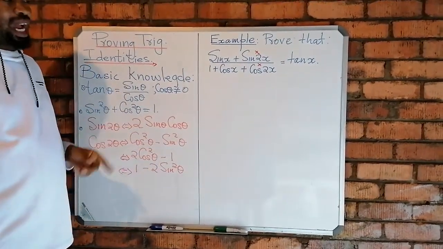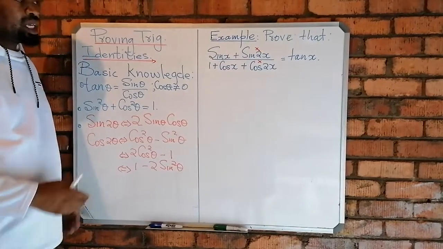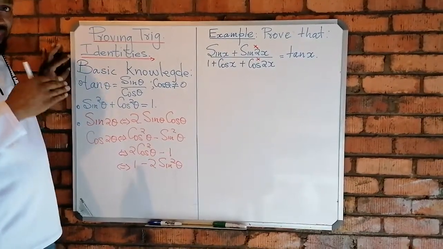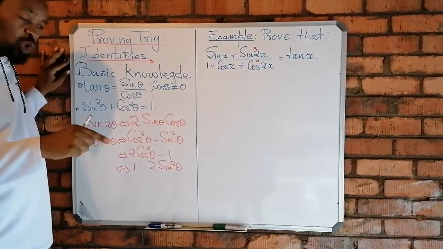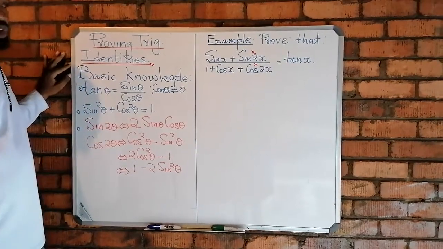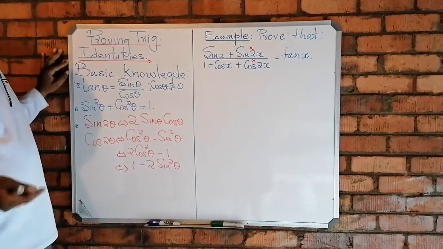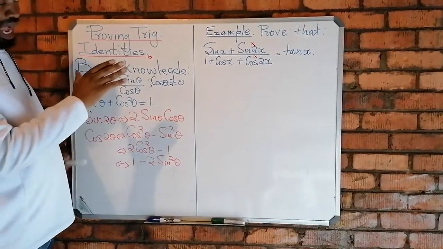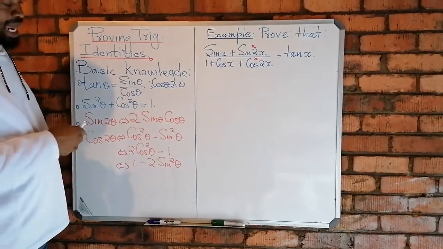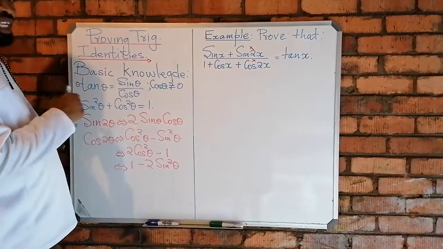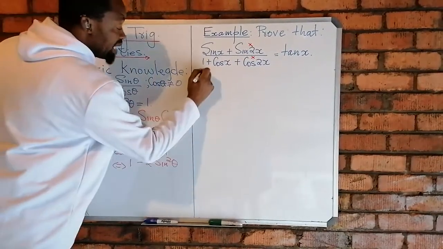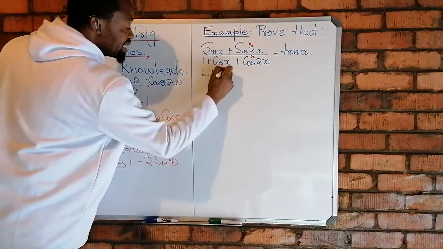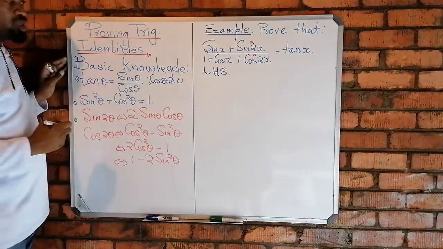When you prove the identity, don't forget that you choose the side that you can simplify the most, not your teacher or anyone, you. Now, in this case, I'm looking at this and I'm seeing the left-hand side as the side that I can simplify the most.